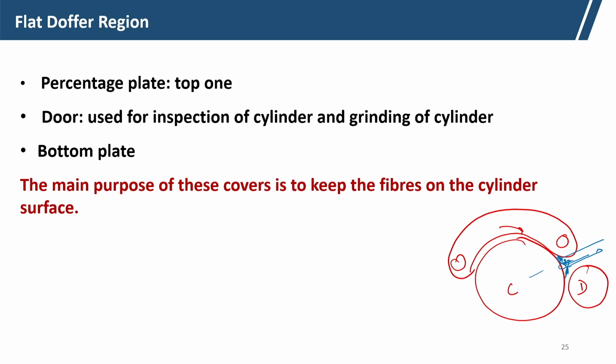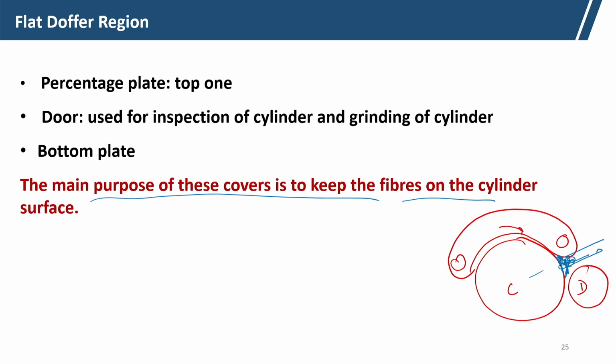The main purpose of these plates is to keep the fibers on the cylinder surface and prevent them from coming out due to air current and centrifugal force.